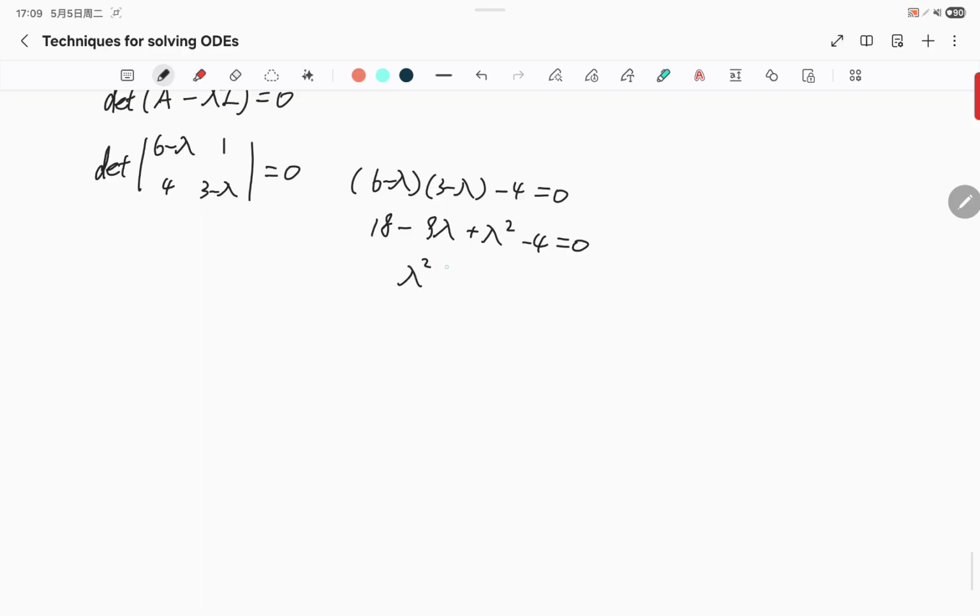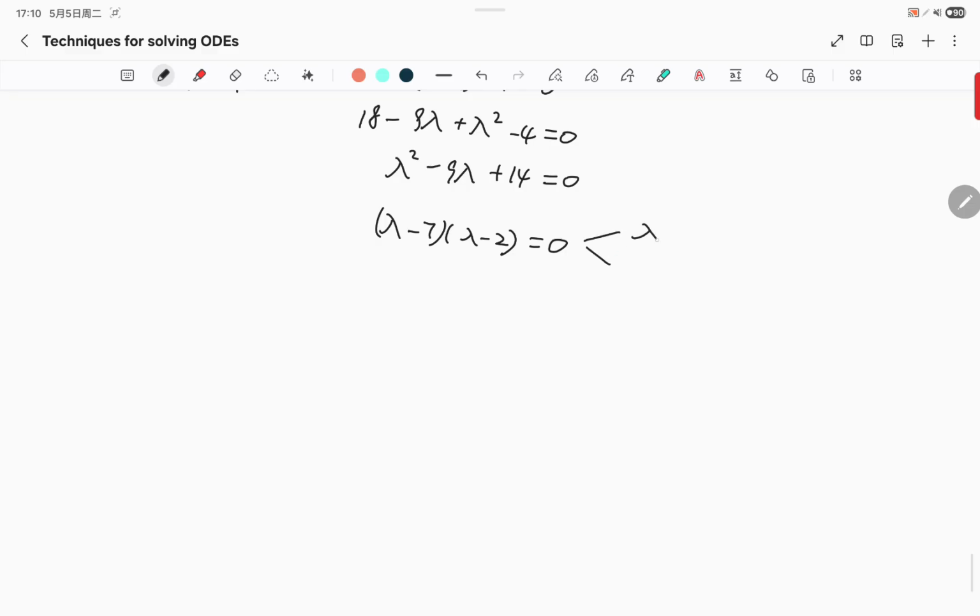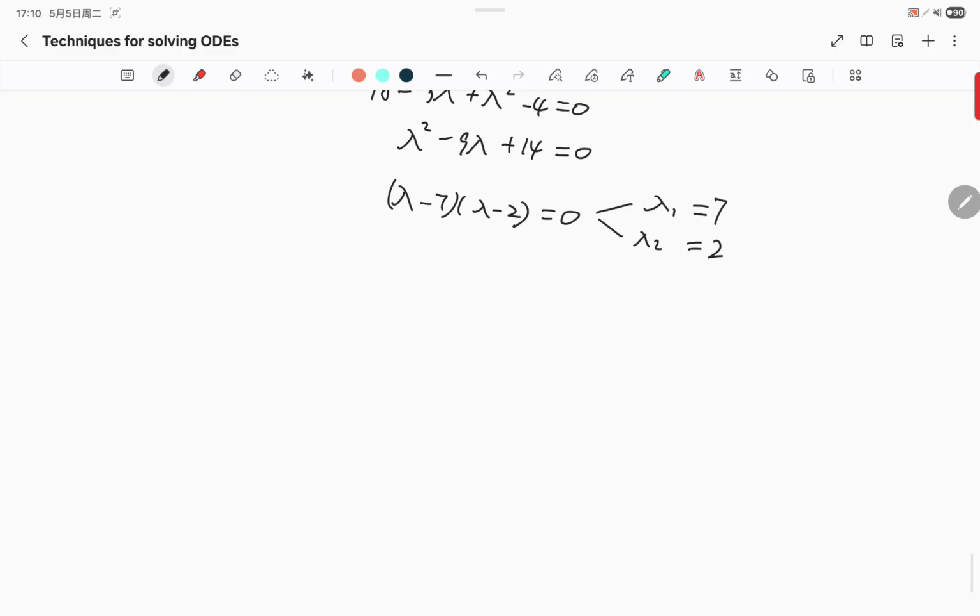So we have lambda squared minus 9 lambda minus 14 plus 14 is equal to 0. Lambda is going to be, minus 7, minus 2, that's positive 14, add them up, negative 9. So lambda 1 is 7, lambda 2 is 2. Okay, so we have a 2 real roots case.